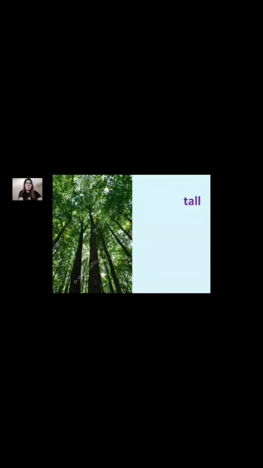What else could we use to describe these trees? Well, yes, we could use the word old because these are old trees. So, tall and old are words describing these trees. Now, look at this picture.